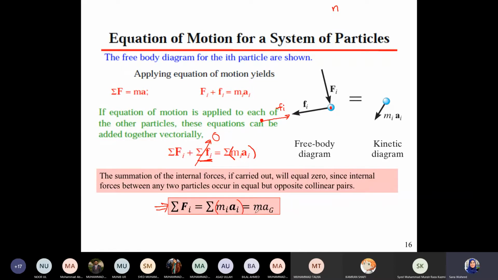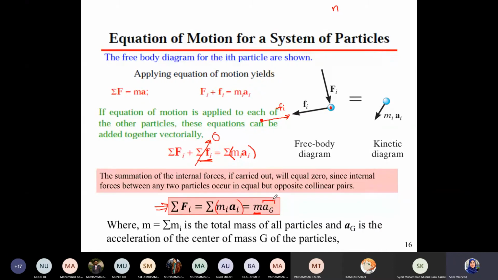What I can do is represent the total mass multiplied by the acceleration of just the center of mass of all the particles. So I'm representing the entire system with the total mass and acceleration taken at one particular point to make my life a little bit easier.